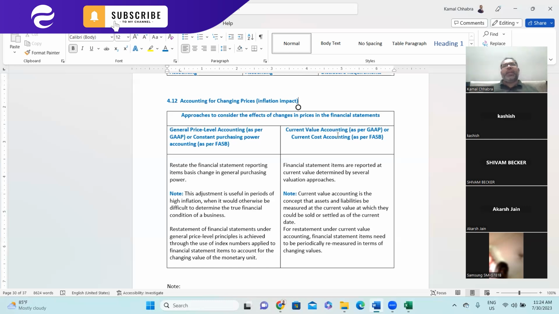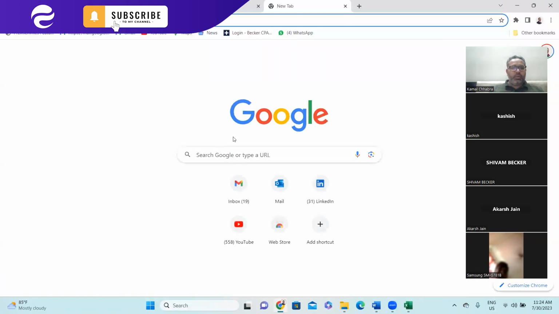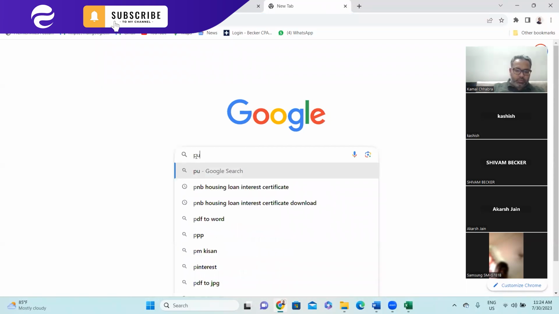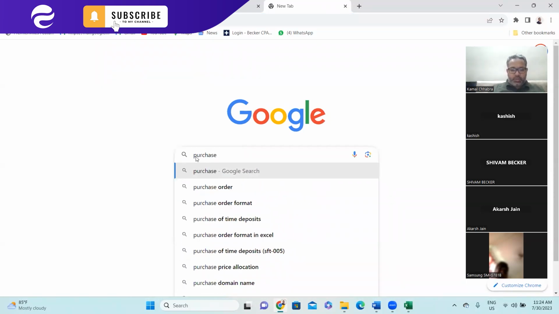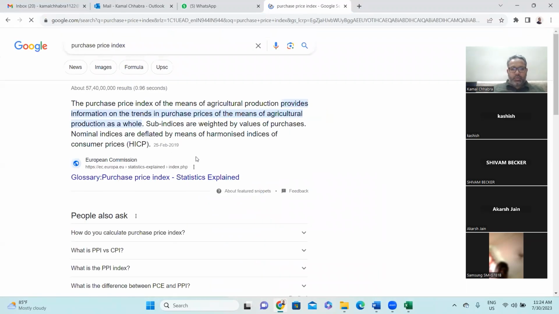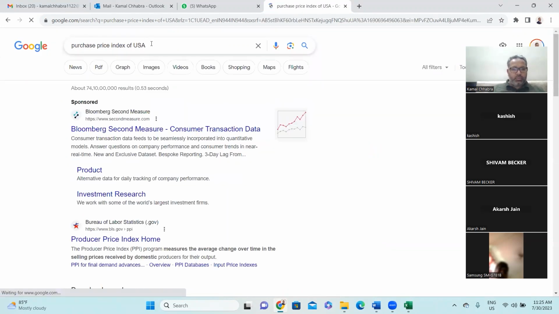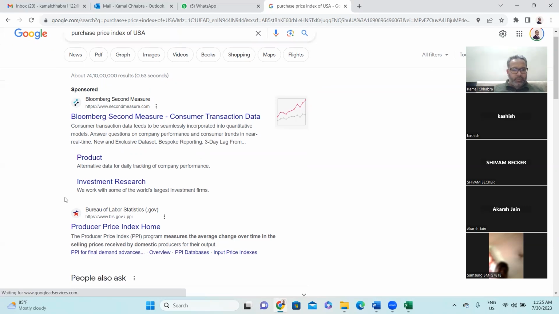So simple, like for example, previous year the index value, if you go to Google purchase price, so in this way you can comfortably find.